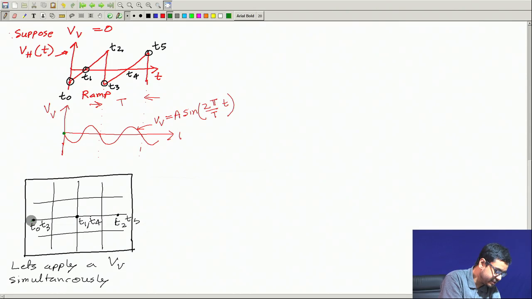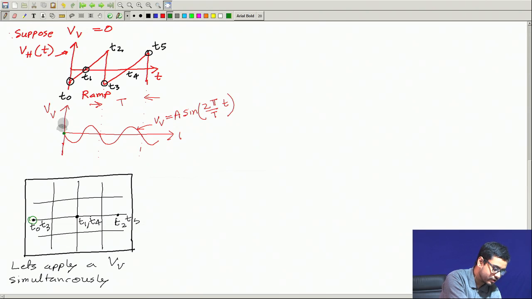So, this will be the position at t 0. After that, the horizontal voltage is increasing gradually, so the electron will move from left to right, but simultaneously the vertical voltage is going down. Therefore, as this beam is going towards the right, it will also come down.